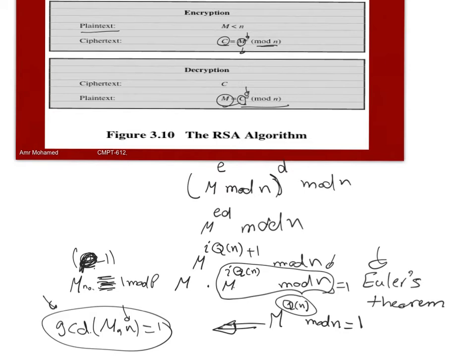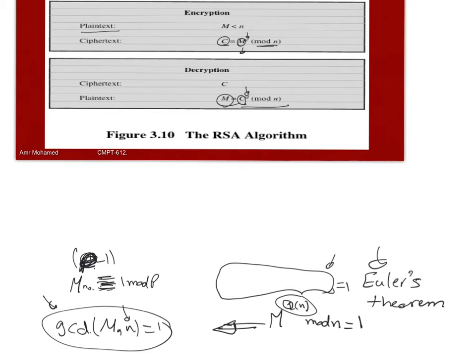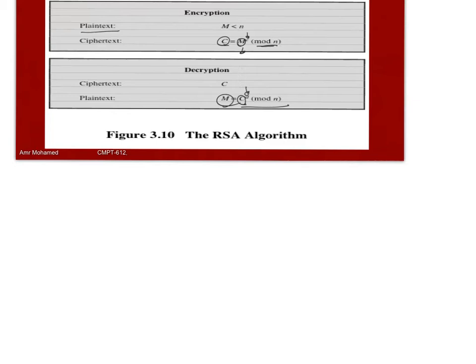We said that for any number, let's say 16 mod 3, for example, what is this number? Make it easy.